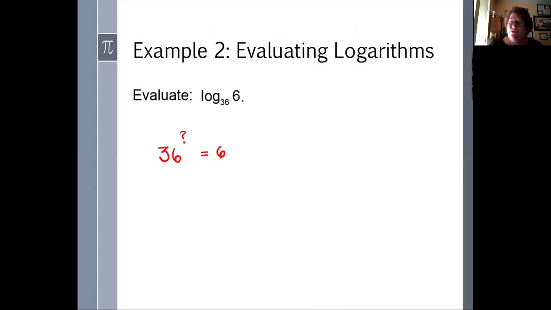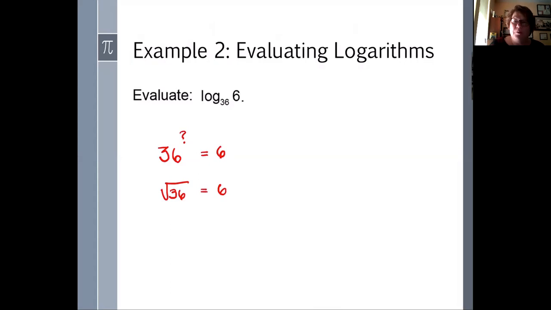Well, what power would you raise 36 to get 6? Well, I could take the square root of 36 to get 6. That's true. And again, how do we write the square root in terms of an exponent? The index, which is 2, is the denominator of our fraction.